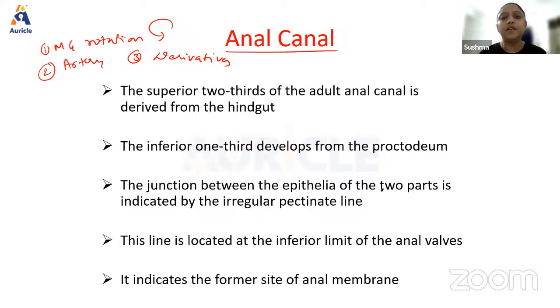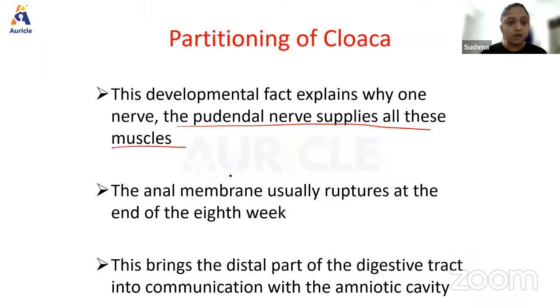Next, the junction between the epithelia of the two parts is indicated by an irregular pectinate line. The line is located at the inferior limit of the anal valves, which indicates the former site of the anal membrane. The anal membrane usually ruptures at the end of the 8th week.